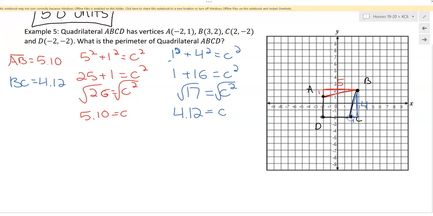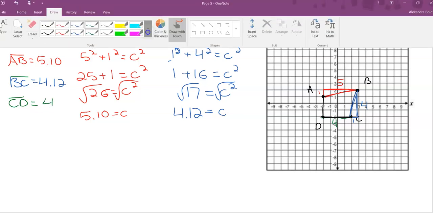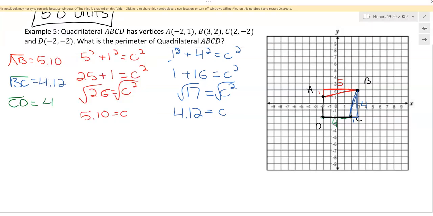C to D, I can just count. It's 1, 2, 3, 4. I don't have to do any Pythagorean theorem. And then same thing with D to A, it's 1, 2, 3.